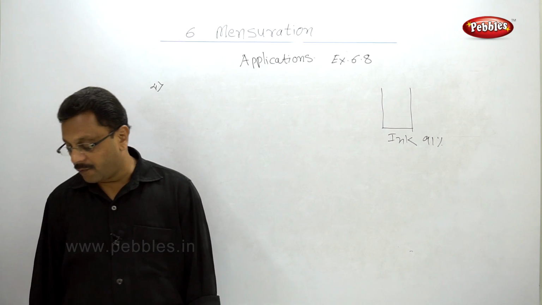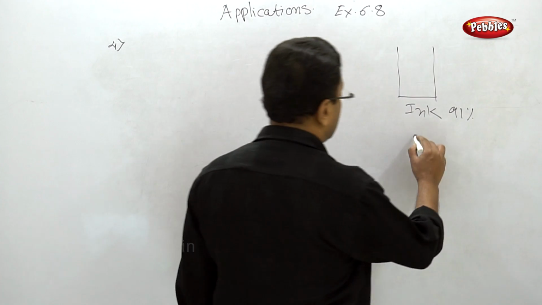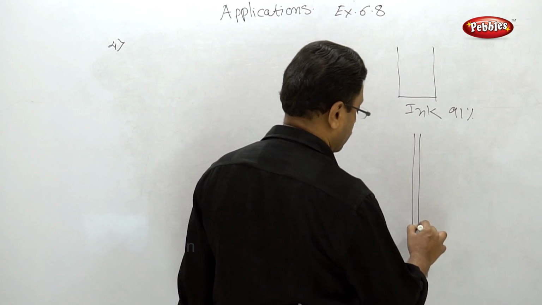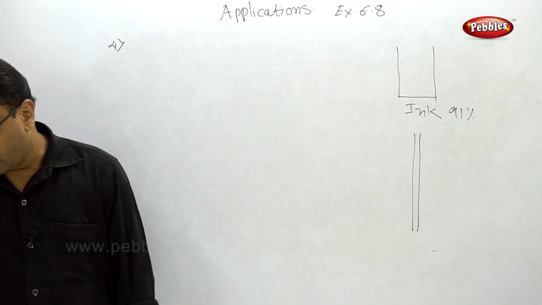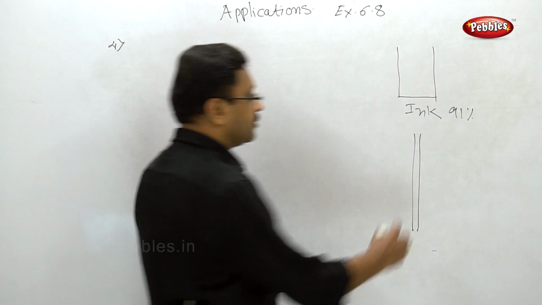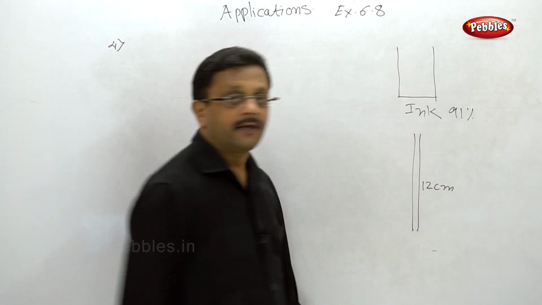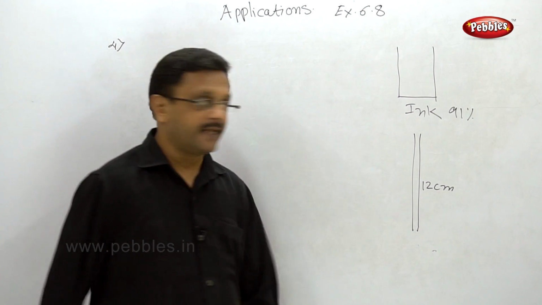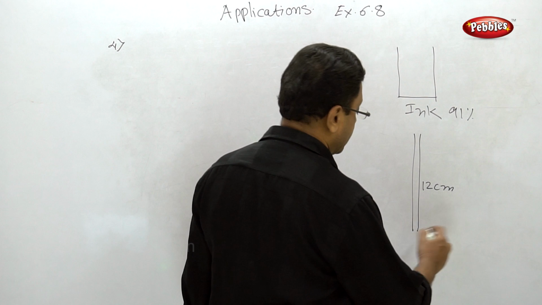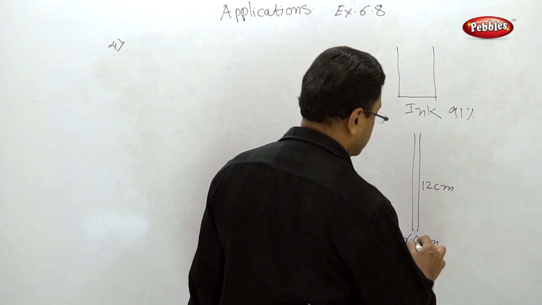Ball pen refill of a length 12 centimeter and inner diameter 2 mm. Then the refill is there. This is the pen refill of length 12 centimeter. Length 12 centimeter and inner diameter is 2 mm, that is the radius is 1 mm, or I can say 0.1 centimeter radius.